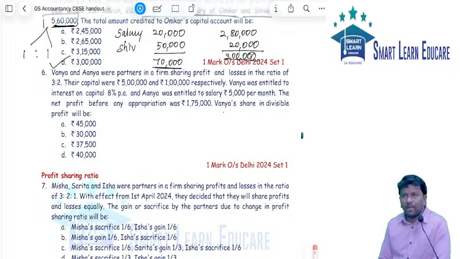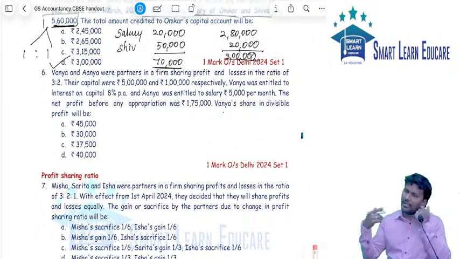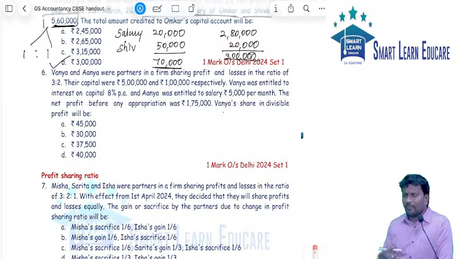Salary paid to a partner is appropriation of profit, not charge against profit. Salary paid to an employee is charge against profit. What is given here is the partner's salary, so it is appropriation of profit. There are many more sums in P&L appropriation, so you will get more clarity about charge and appropriation.